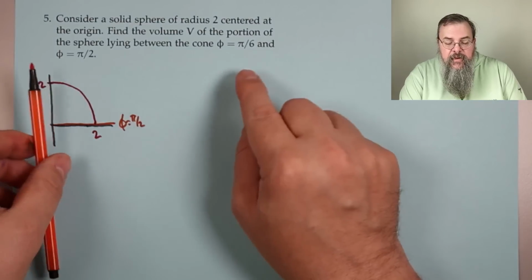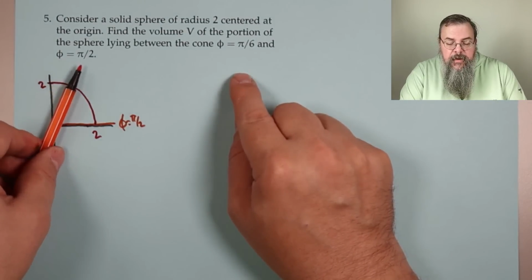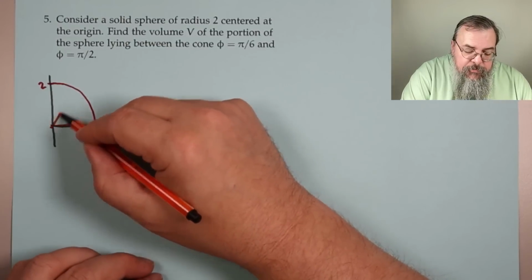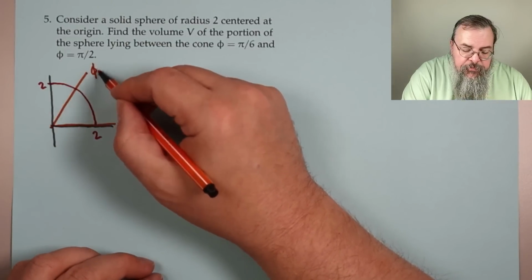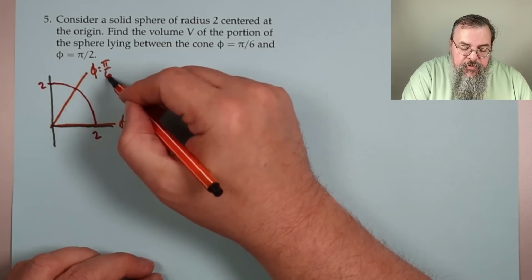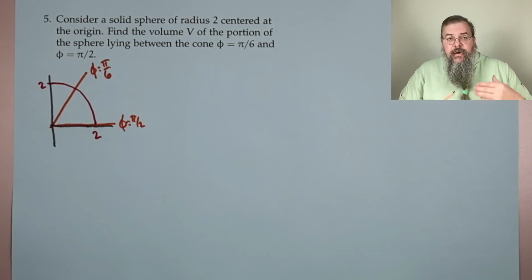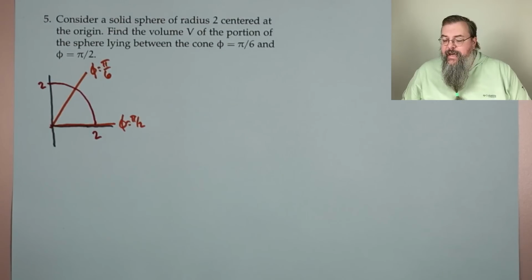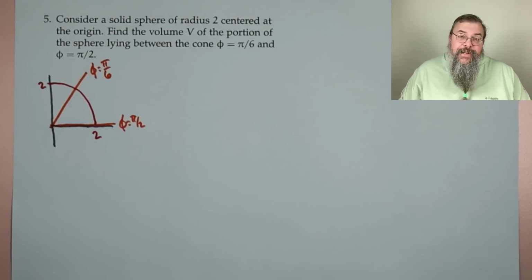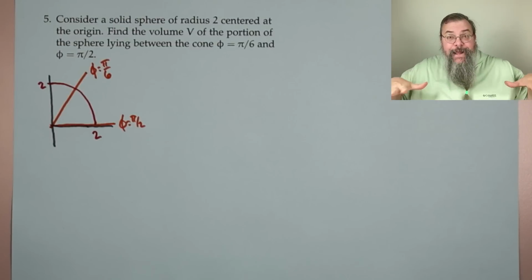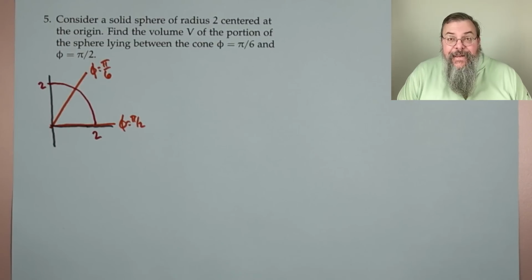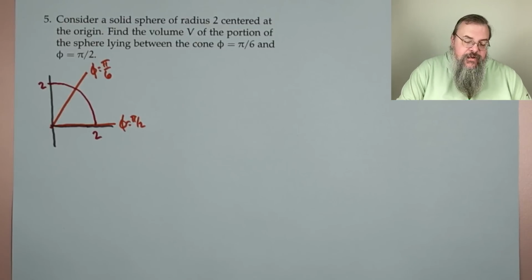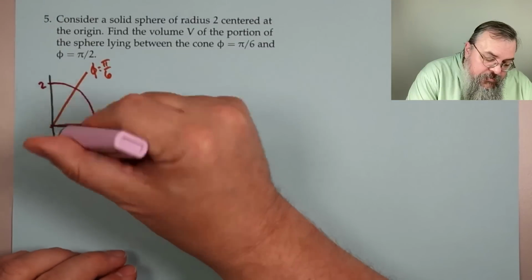Well, pi 6, roughly 30 degrees, it's upstairs. So we're coming up to this angle. Phi equals pi 6. Now we want to be between these cones. And phi equals pi halves doesn't feel like a cone, but a cone has been really flattened. It's the xy plane. And so we say, okay, so it's this shape here.